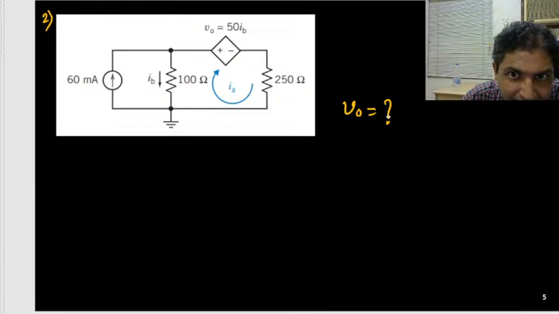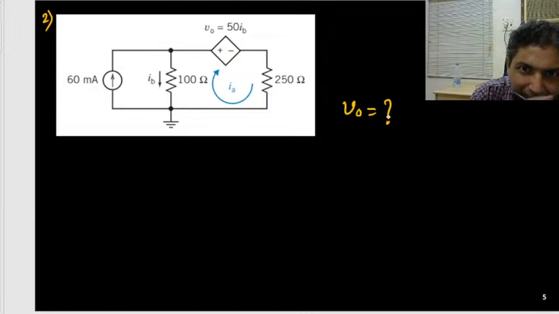Okay, any idea how to solve this problem? So what approach will you take? Which will be the good one? Anybody? Anybody can suggest one method to solve this problem?